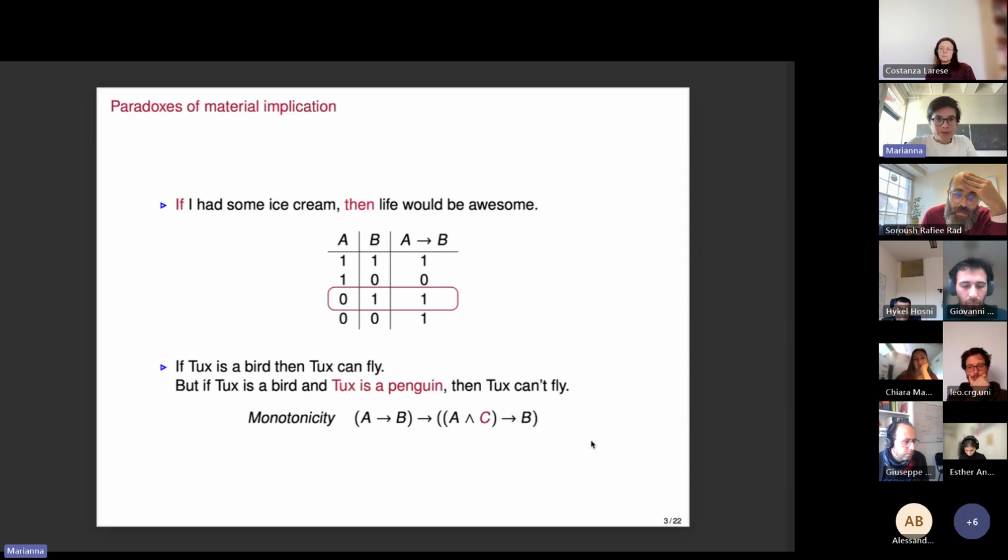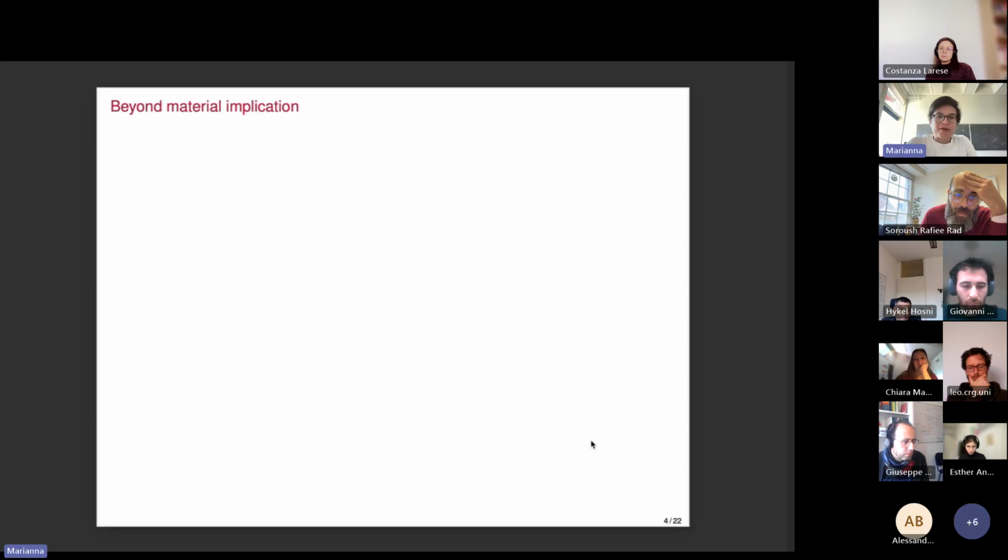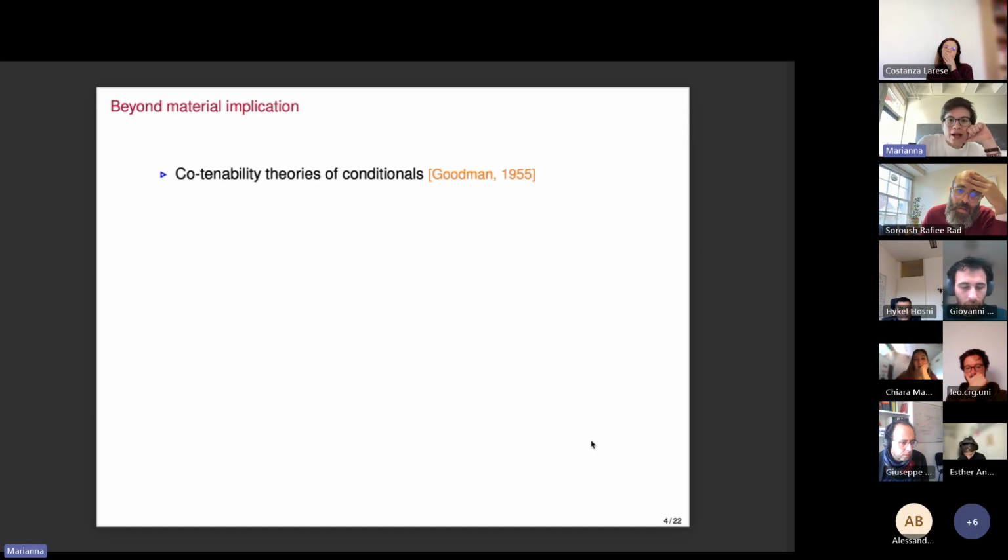So what can we do? Well, there are a number of different approaches that have been proposed in the literature to remedy the paradoxes of material implication, or some paradoxes of material implication. Probability theories of conditionals, I've put it here because it was probably the first one, but I don't really know what happens here.